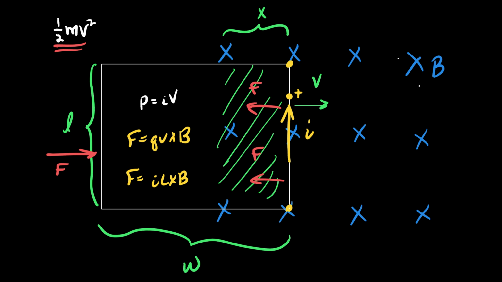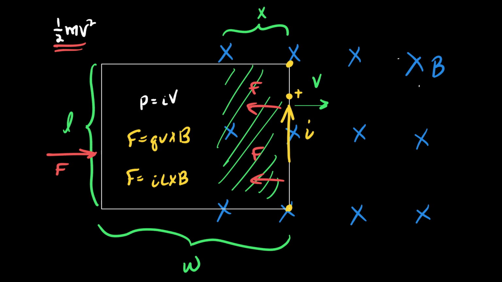Now, look, this is how you stop a roller coaster car if you don't want to use physical brakes. Physical brakes wear out. One thing you can do is just put a bunch of loops of wire on the outside of the roller coaster car and have a magnetic field in the station where the cars are coming. It's a magnetic inductive braking system.